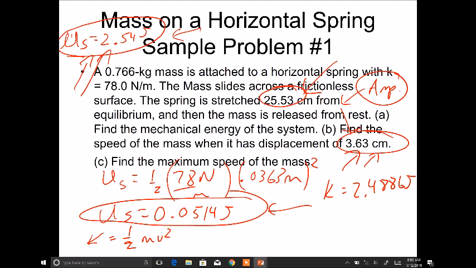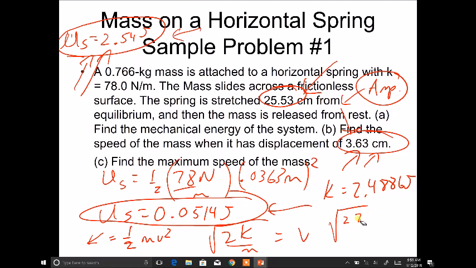mv squared. So let's solve that out for v. So when we solve K equals 1/2 mv squared for v, we end up with the square root of 2K divided by m equals v. So if we plug in what we know, the square root of 2 times K, remember K here is 78. Oops, let me back up there.